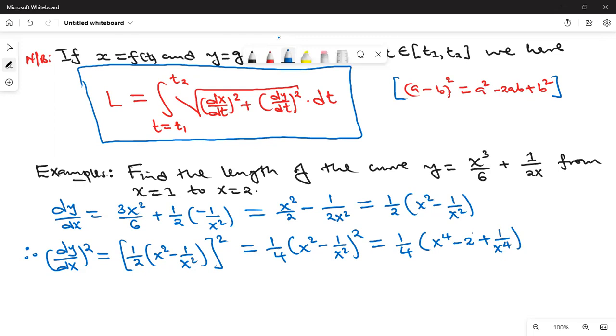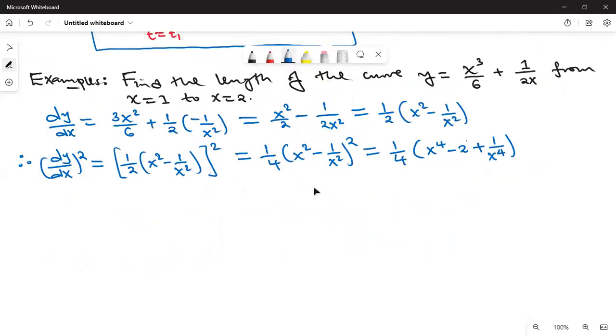So now let's add 1 plus dy over dx squared.